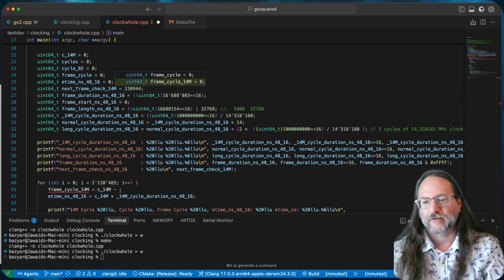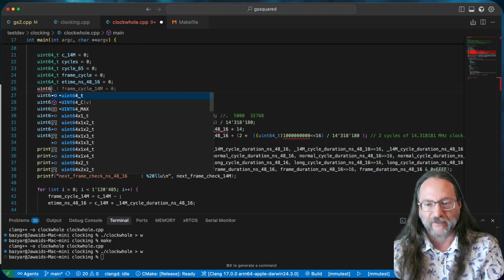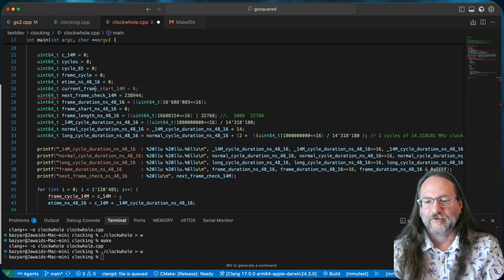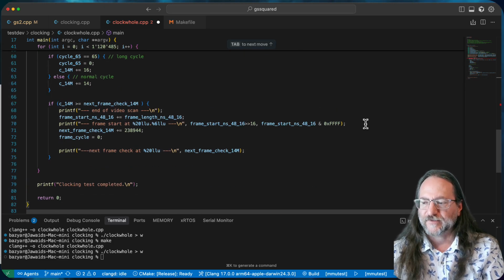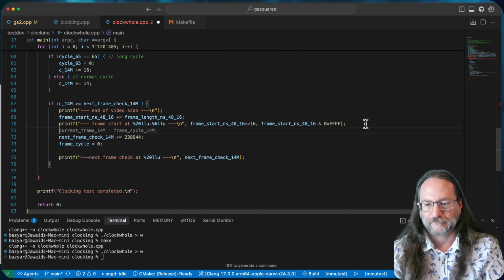Next frame check. Okay. That's what it is. Current frame. Okay, current frame is that.